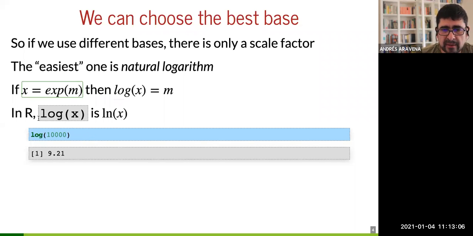So in R, log is the natural logarithm. You can realize this if you take the logarithm of 10,000. It's not 10, it's not 4 like we had with base 10, it's not 13 like we had with base 2. It's something in between. Well, you have to be more careful if you want to prove it.